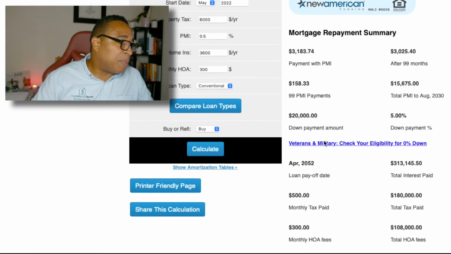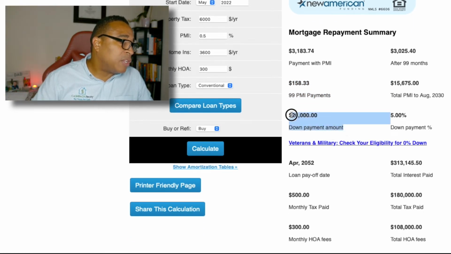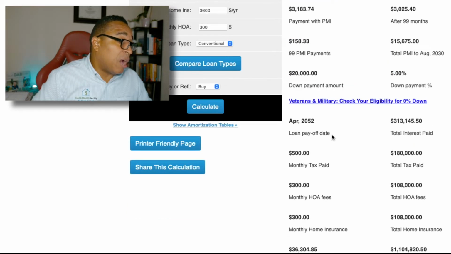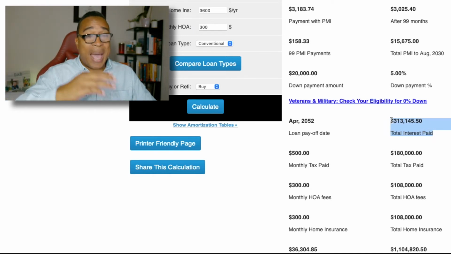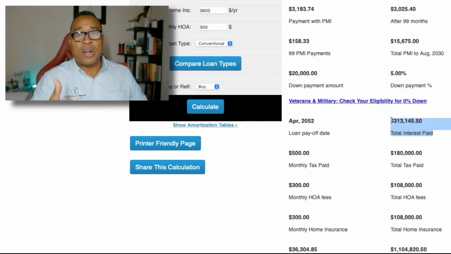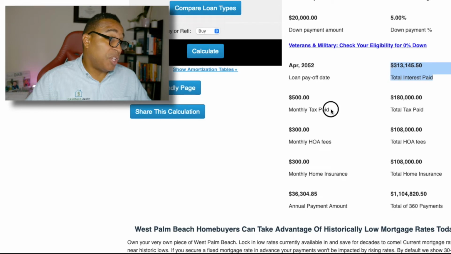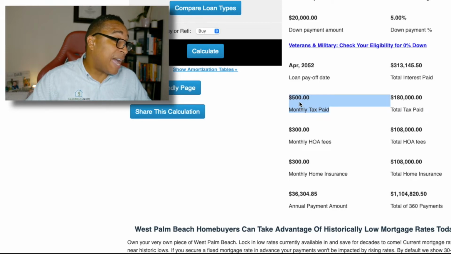We see our down payment here, $20,000. The loan payoff would be in 2052, which is 30 years from now. I'm going to do a separate video on how to maximize your payments on a mortgage to pay it off 5, 10, even 15 years faster. You see here, based on the $6,000 annual property taxes, how much your monthly tax amount is.